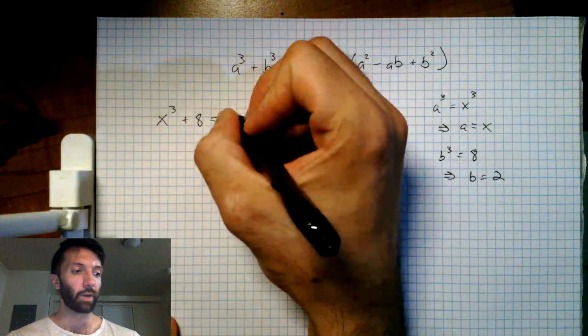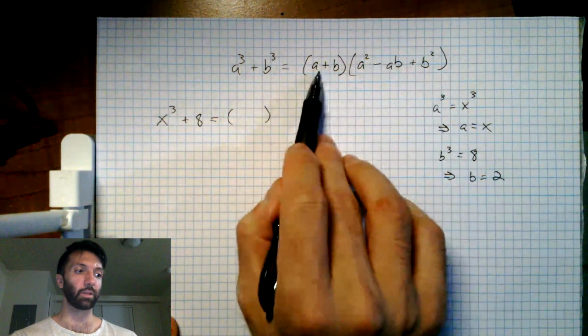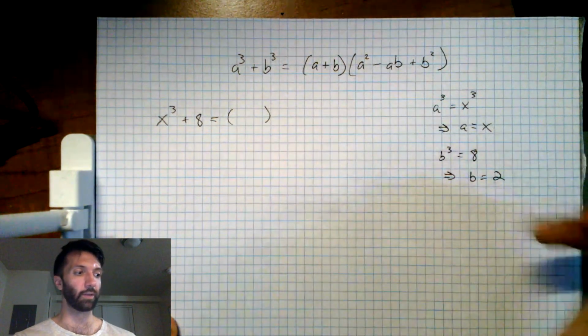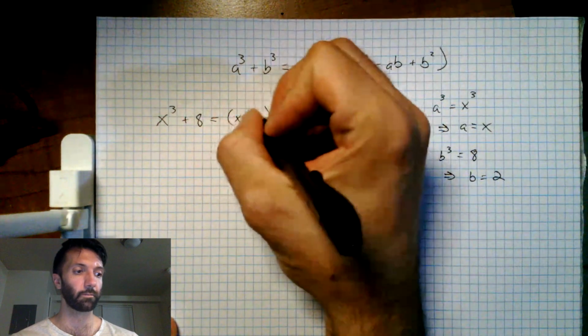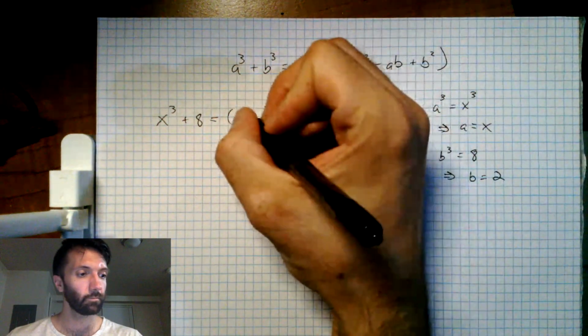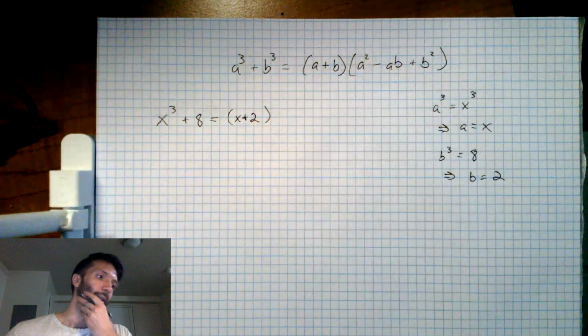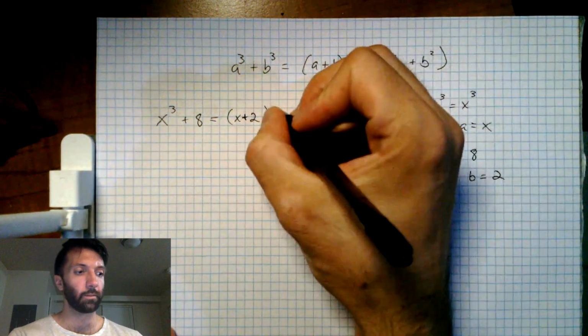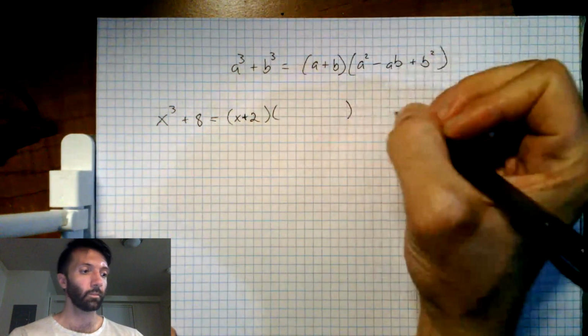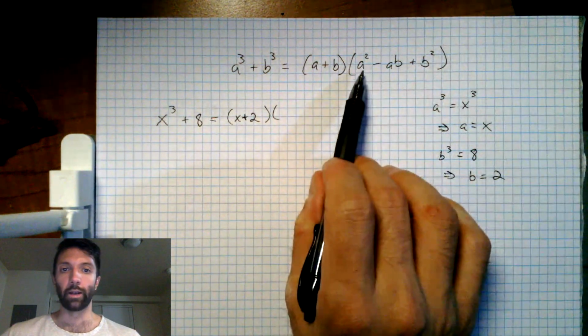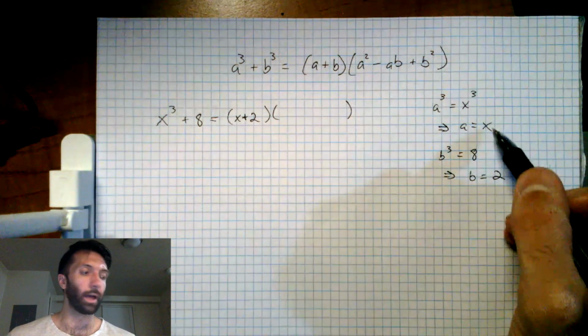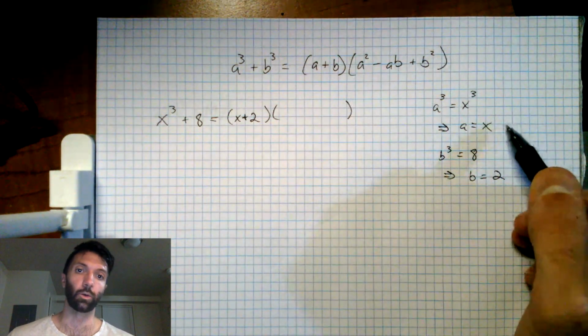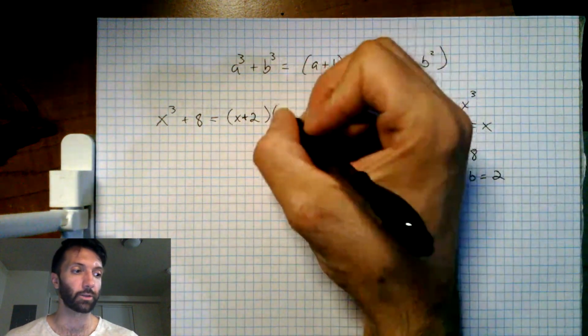So we start with the binomial a plus b. Well, we already know what a and b are, so that's x plus 2. Alright, and now we have this trinomial to work on, where we have a squared. So again, we know a is x, so a squared in this case would be x squared.